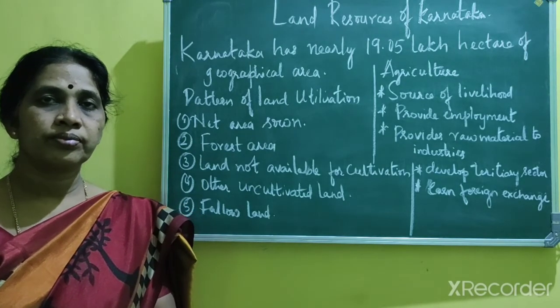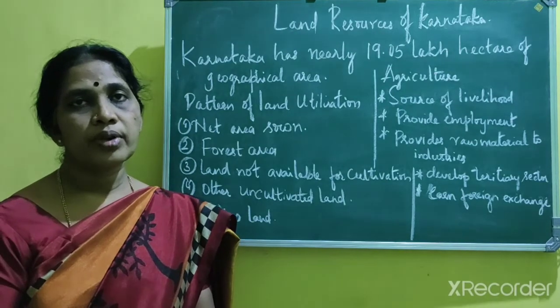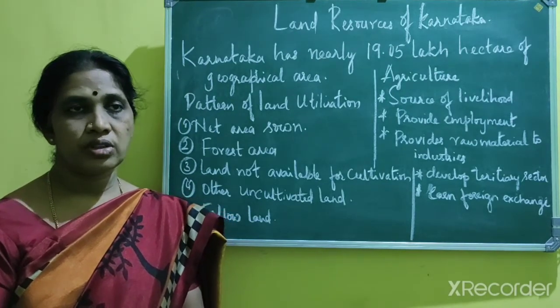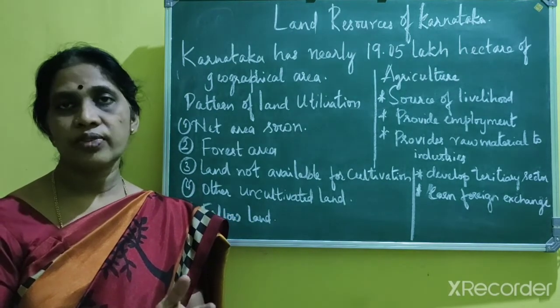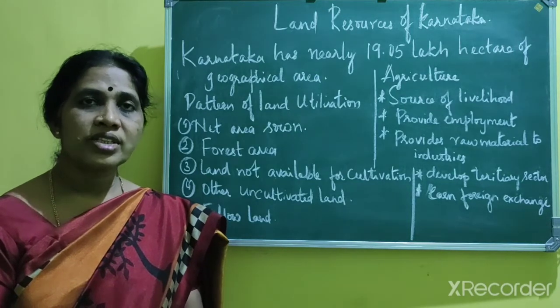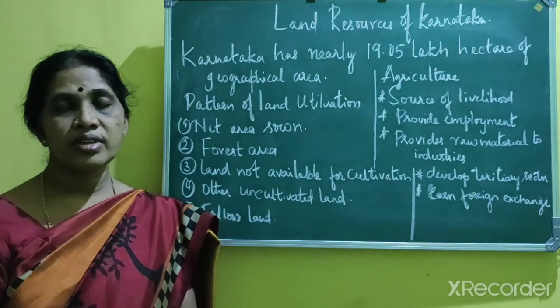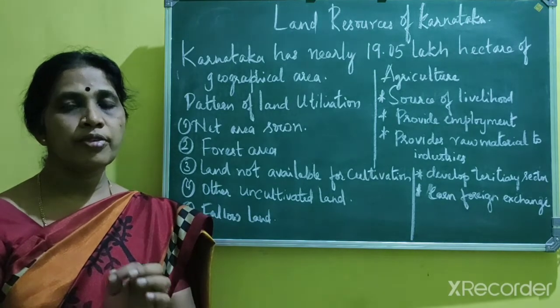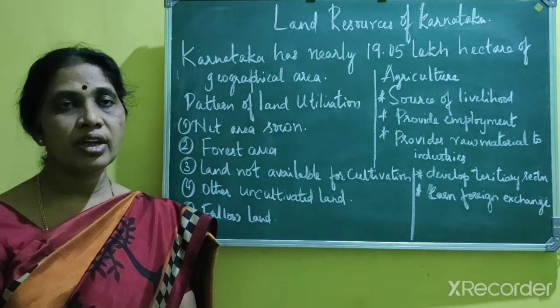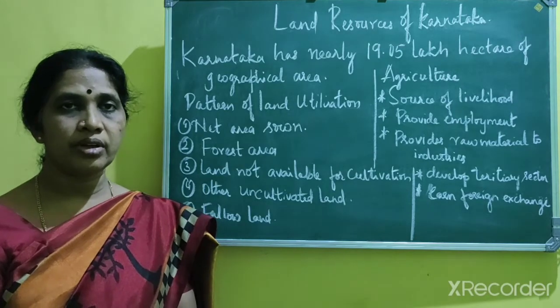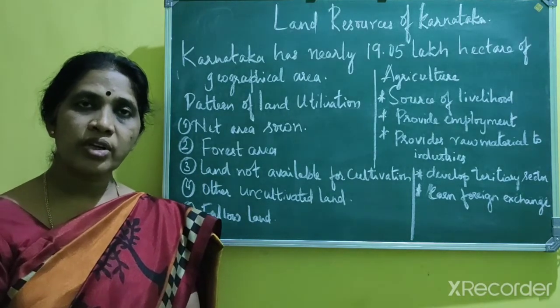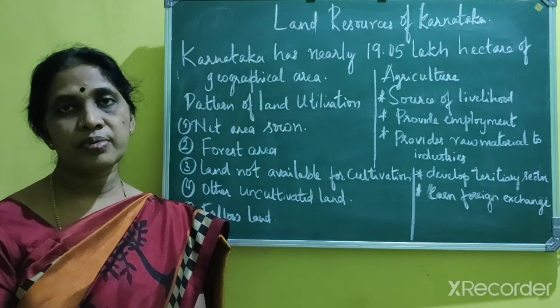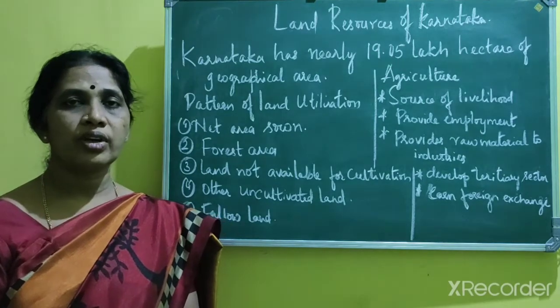Now let us learn about the pattern of land utilization, that is, the different kinds of land use. Firstly, why do we need to understand this land use pattern? Because only if you properly utilize the land can it help in the state's development. Hence, this proper utilization of the land for various purposes has to be calculated.